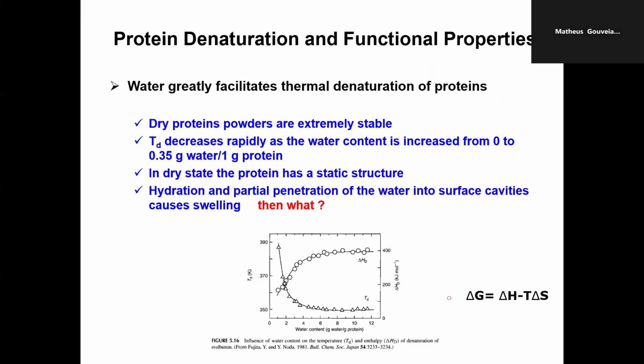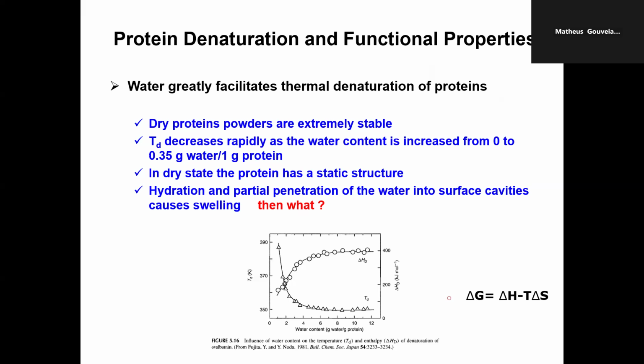So in the dry state, the protein is in static mode. It's not moving, not impacted by any moving water phase. But when we hydrate, water penetrates the structure of the protein and starts forming structures around the protein and penetrates into cavities.